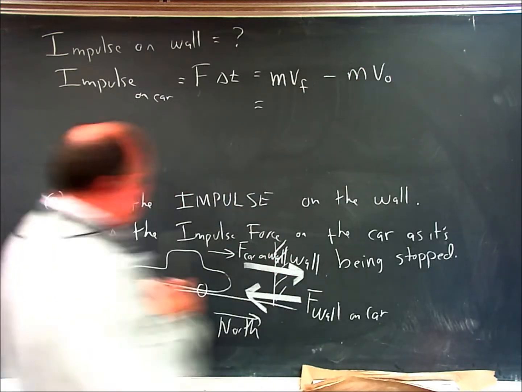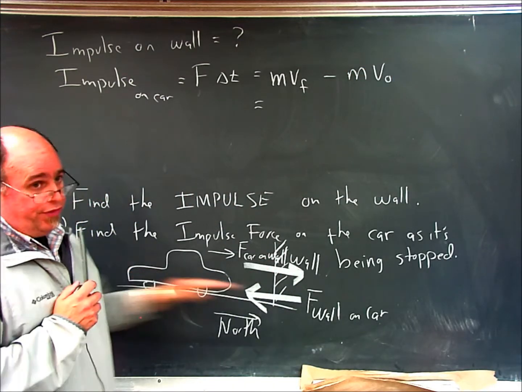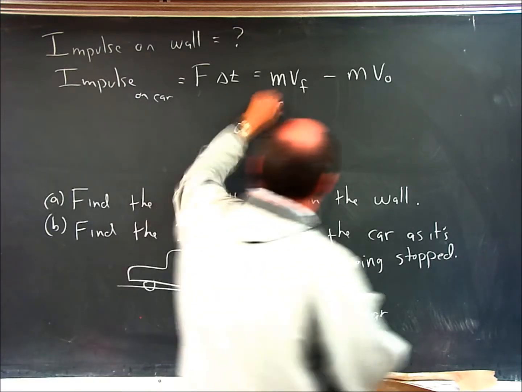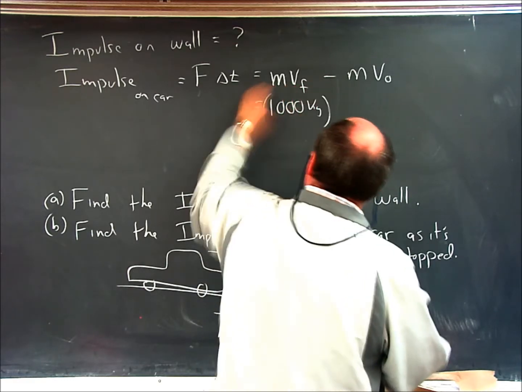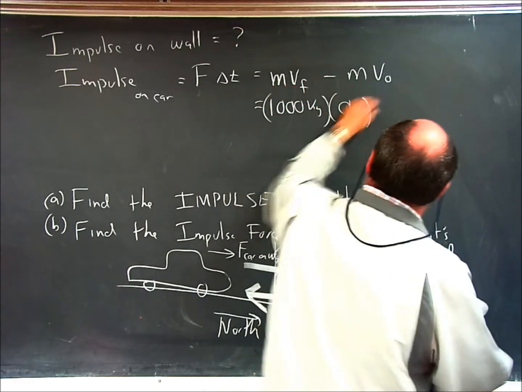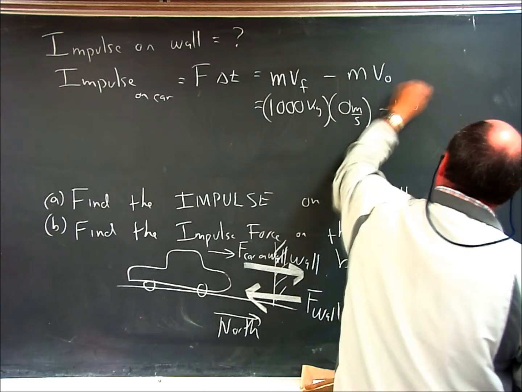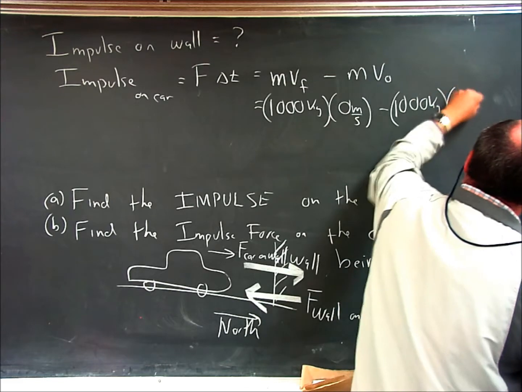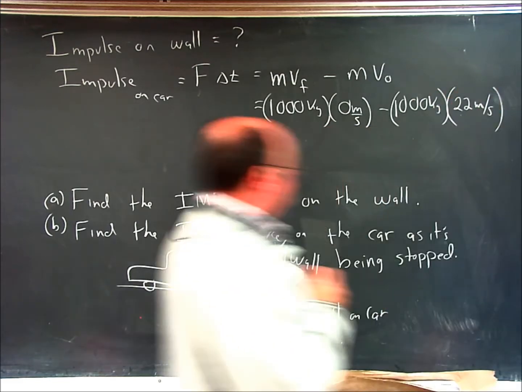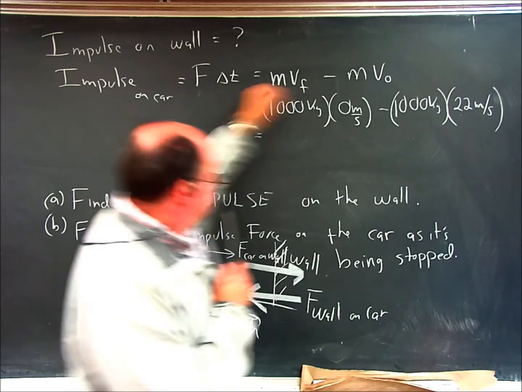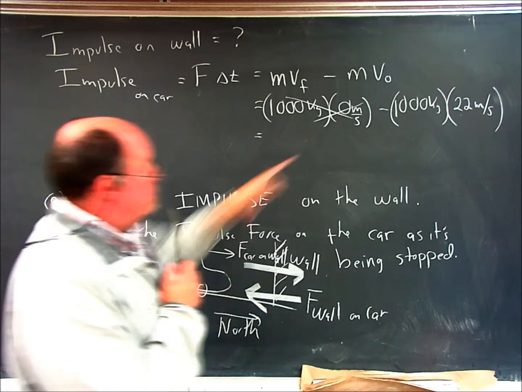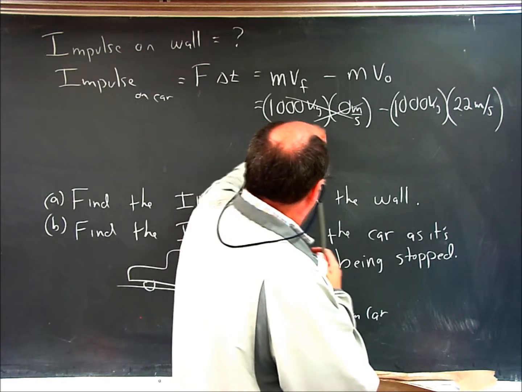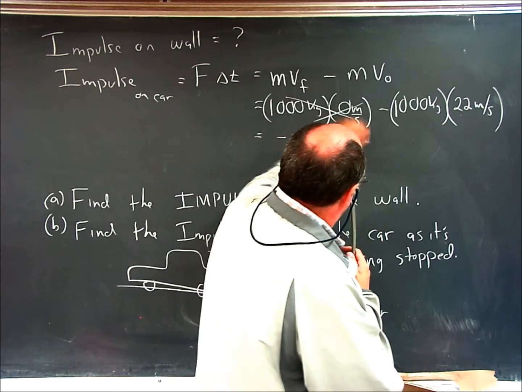So if the car was driving along the north and it hits the wall and stops, the final velocity is 0. So this is 1,000 kilograms times 0 minus 1,000 kilograms times the initial speed of 22 meters per second. If I plug this in, 0 times anything is 0, and this would be 1,000 times 22, which is a negative 22,000 newtons times seconds.